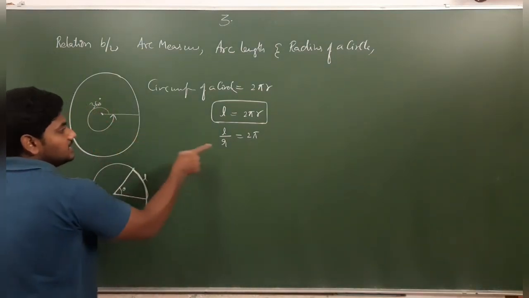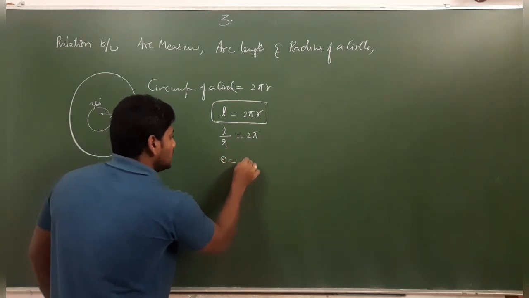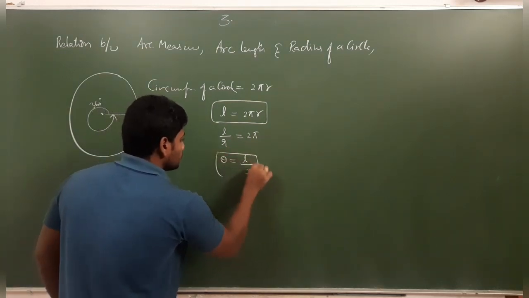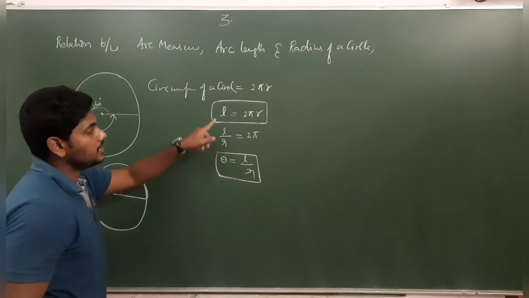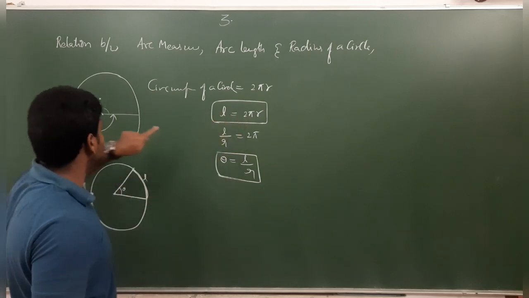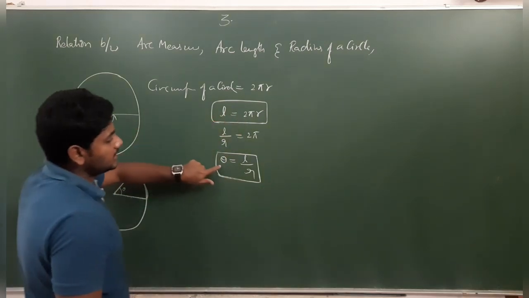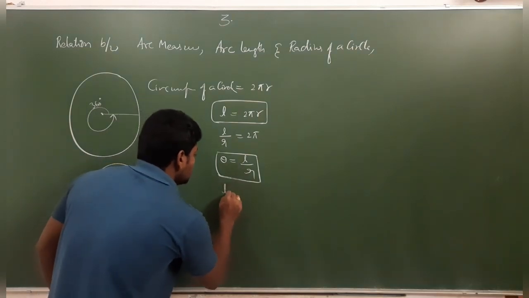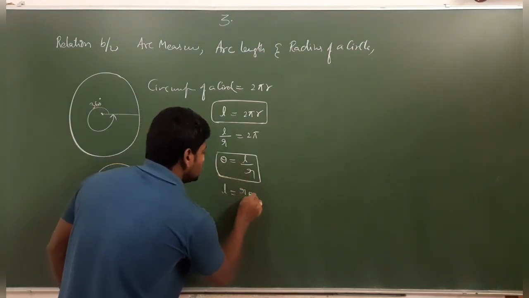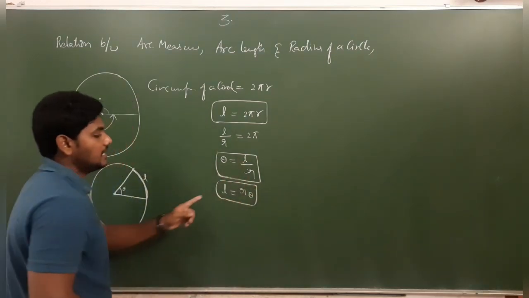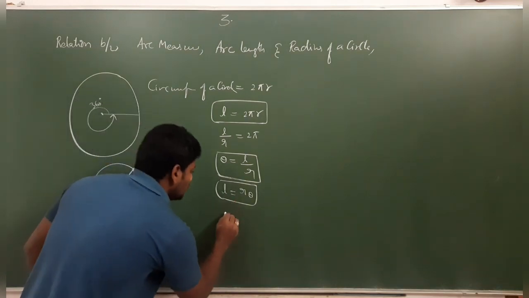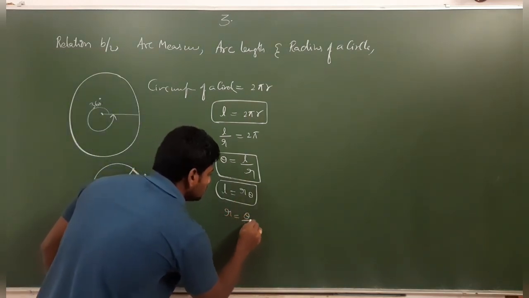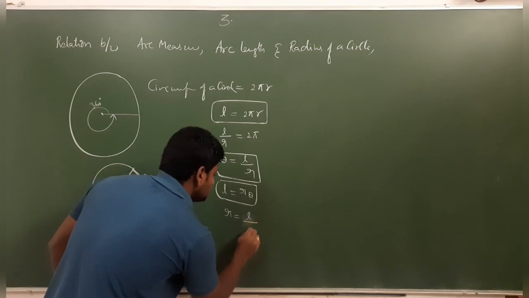Nothing but the angle is equal to 2 pi. So therefore theta equal to L by r. Why? Because 2 pi is nothing but the angle here. As theta is equal to L by r, we can also write L is equal to r theta. And r is equal to L by theta.